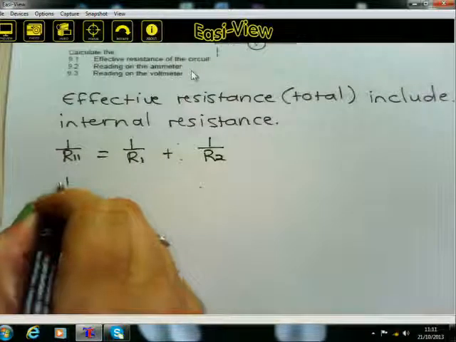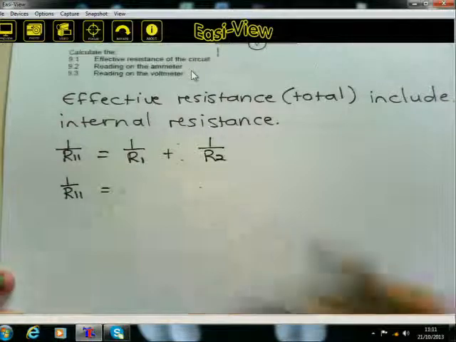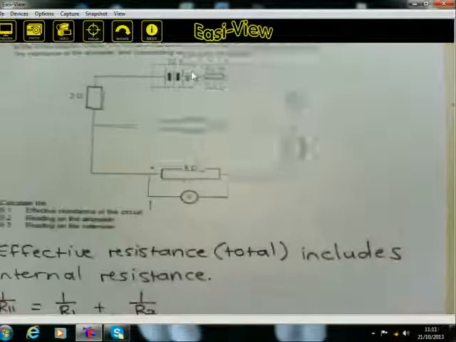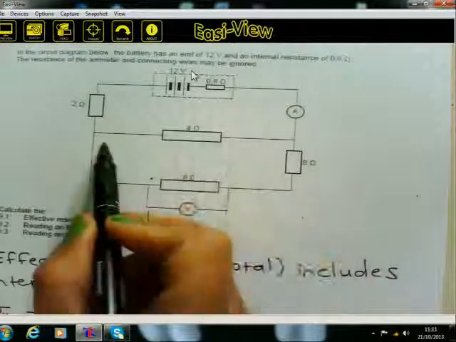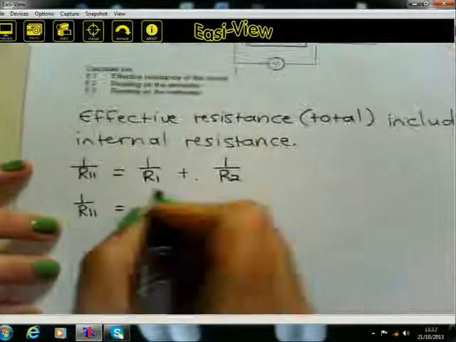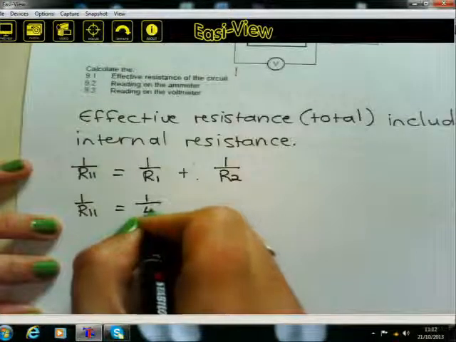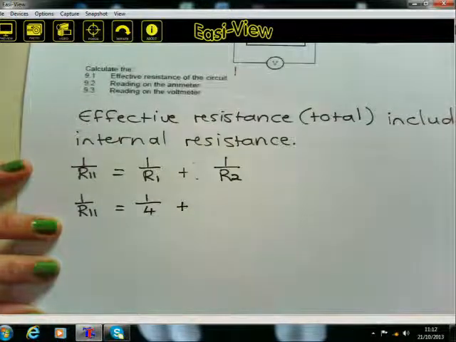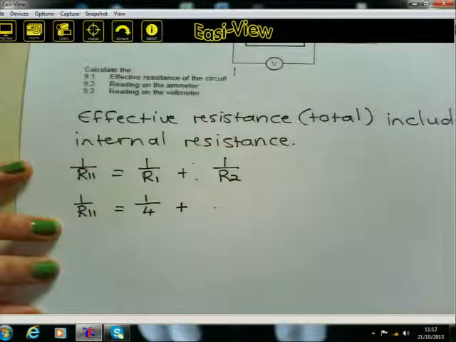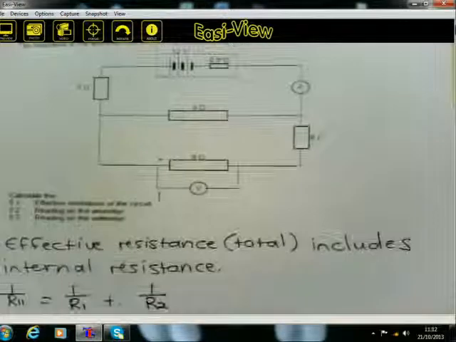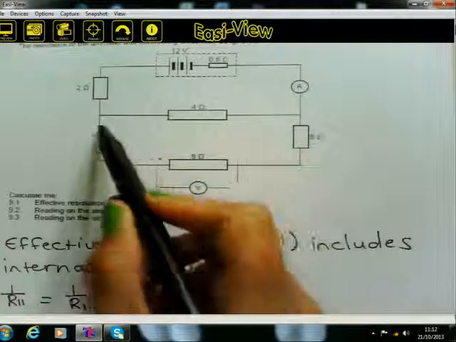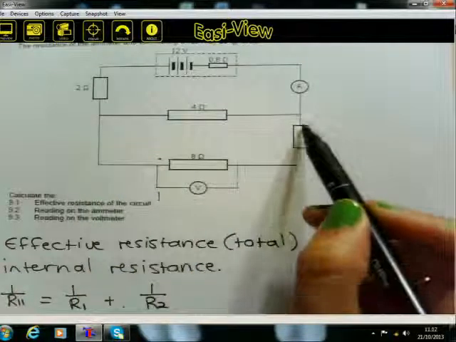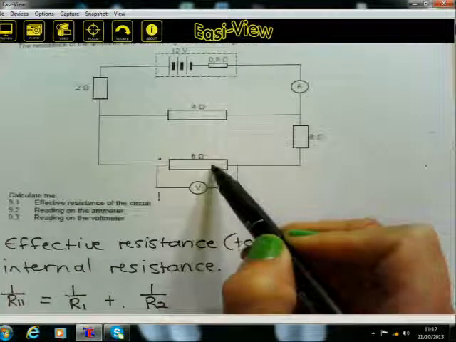Alright, so 1 over R parallel equals, let's substitute. What is the first branch's resistance? 4 ohms. So we're going to substitute that directly: 1 over 4 plus. Now watch out for this. Our second branch has 2 resistors and they are in series.